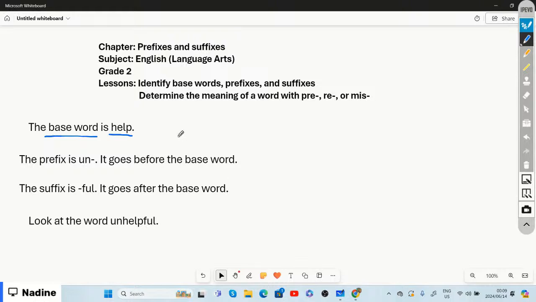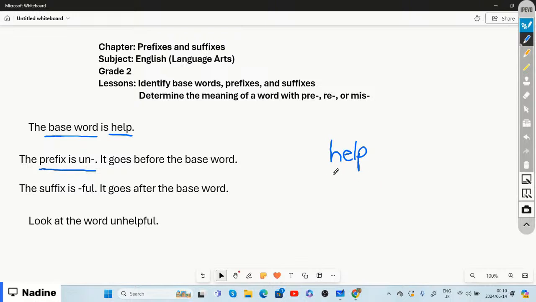And if we look at the word, we said help is our base word. Help can stand on its own. It's like making it easier for someone, or making it possible for someone to do something. It's like you're offering your services, you're offering your time, and that is help. Now, prefixes are words that we add in front of a base word.